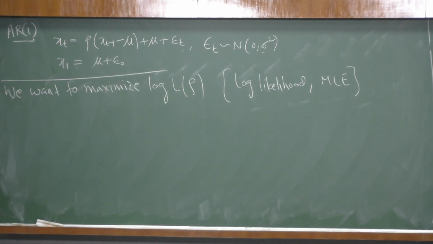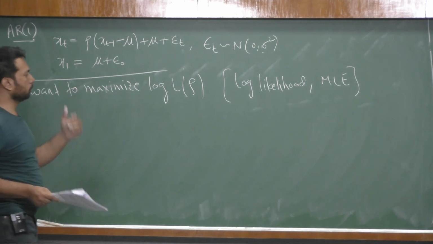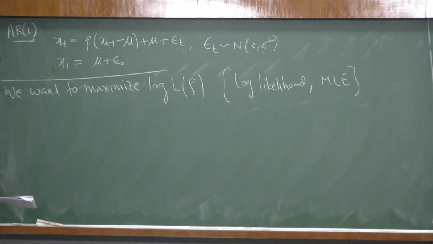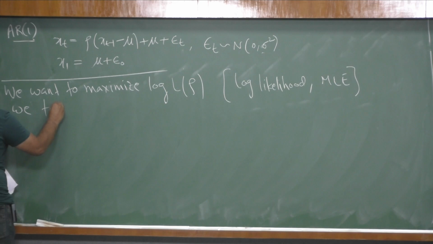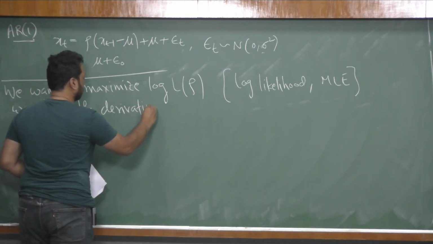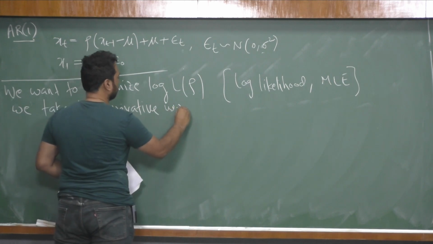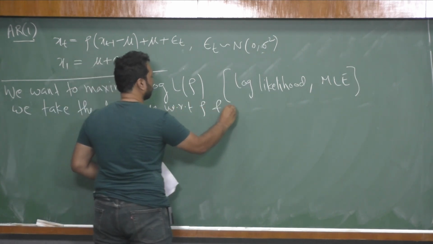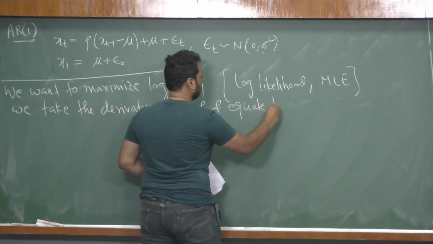If we see the first term, there is no dependence on rho, so the derivative with respect to rho goes away, and so on. To maximize this, we use calculus: we take the derivative with respect to rho and equate to 0.